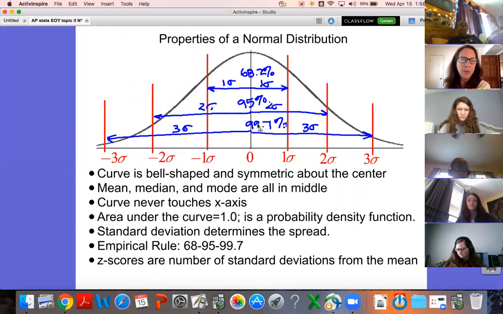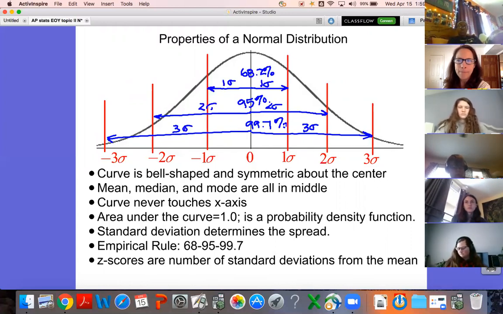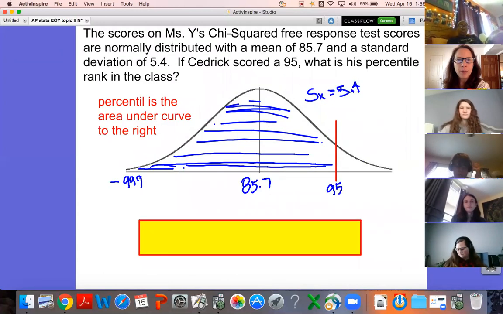That's why we say anything beyond 3 standard deviations is unusual. And in statistics, we sometimes say beyond 2 because that's the 95% mark. And your z-scores are just your number of standard deviations you are from the mean. So positive z-scores mean you're above the mean, and negative z-scores mean you're below the mean. All right, everybody good? Okay, so let's run some problems here.